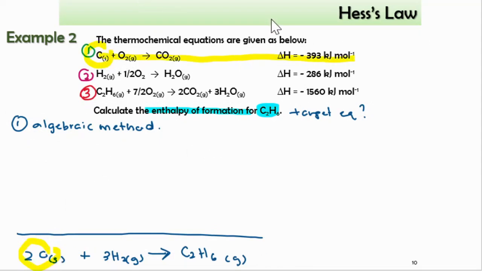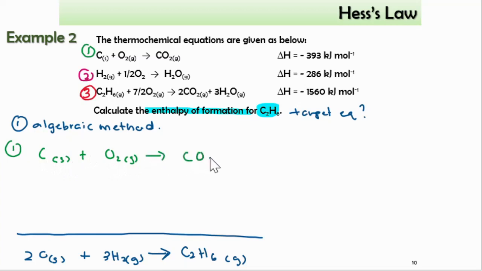Compare your target equation with the given equation. So you need to times the first equation with factor of 2. So times 2. And the delta H you must times 2.